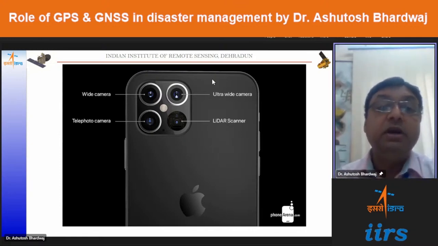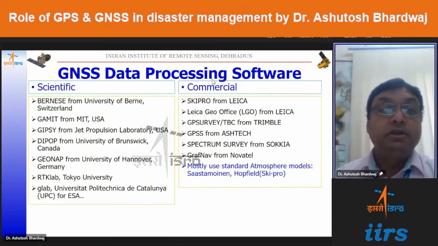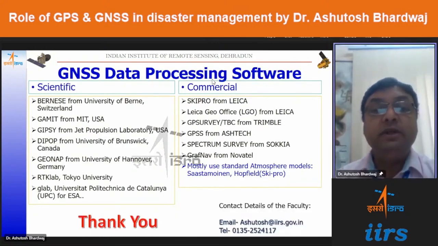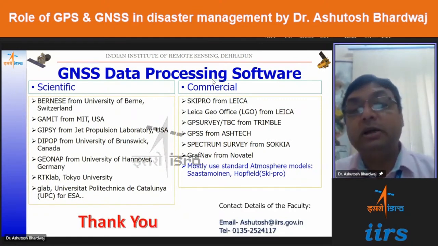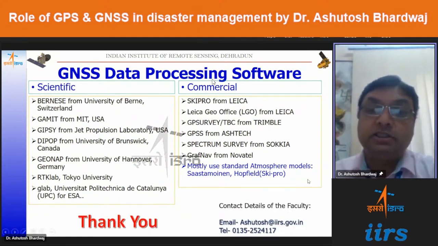GPS is one of the critical sensors, because for any kind of positioning we need GPS or the GNSS. For processing the data, we are using various software which come with the purchase of the GPS, like GeoOffice, GPS Survey, Spectrum Survey.